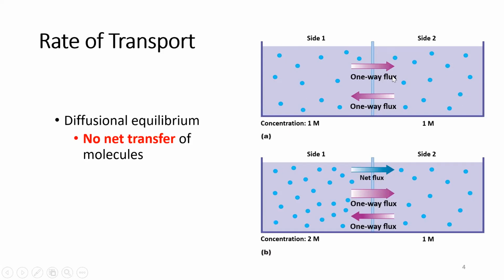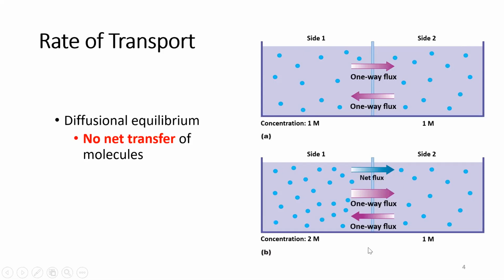There's no net direction of movement on either side. There may be one-way flux, which means we may have 1 or 2 particles moving from one side to the other, but the solutions are at equilibrium. There's no net flux on either side. That's diffusional equilibrium, all right?